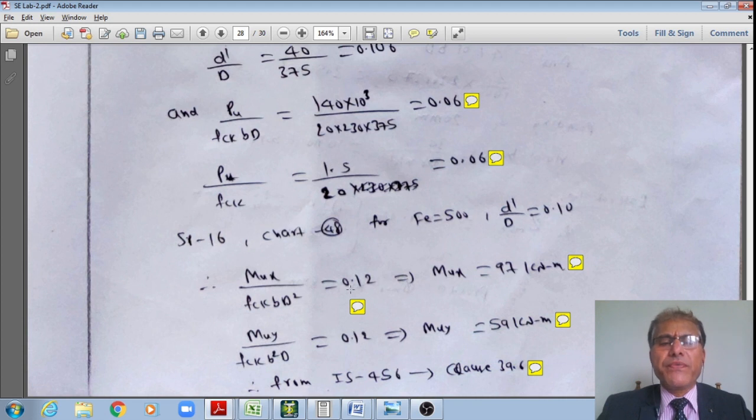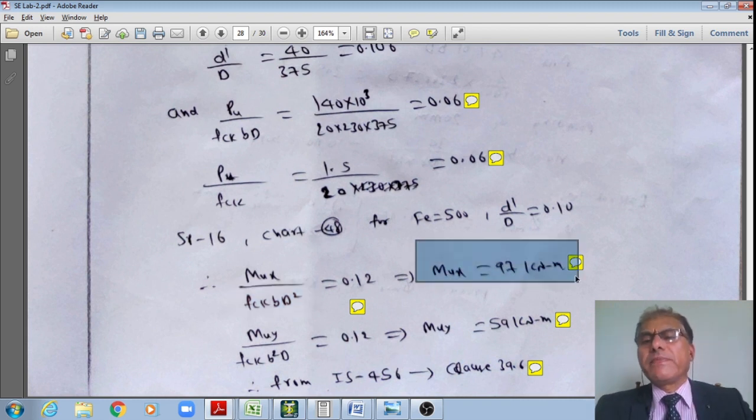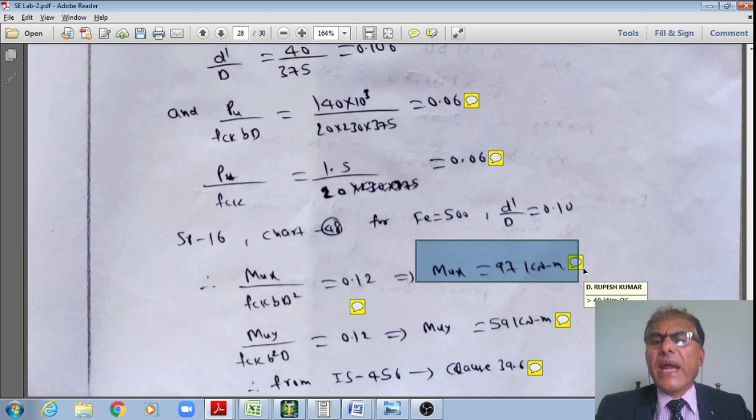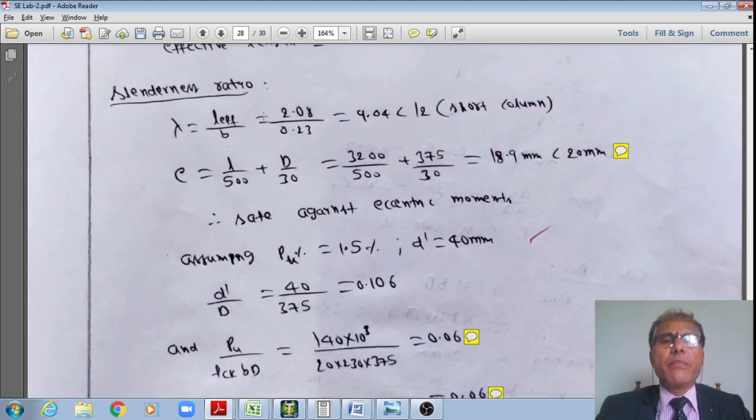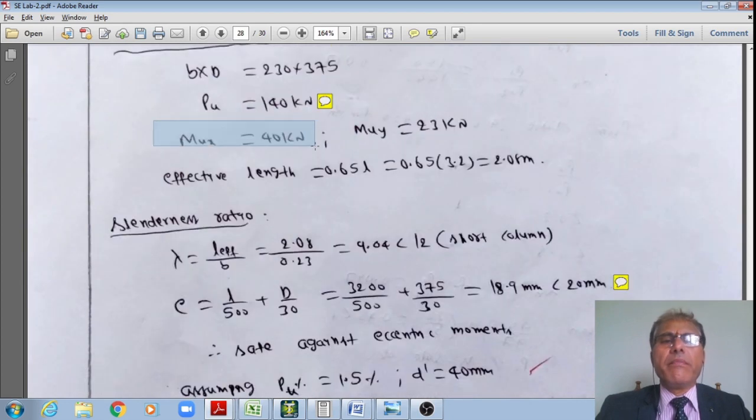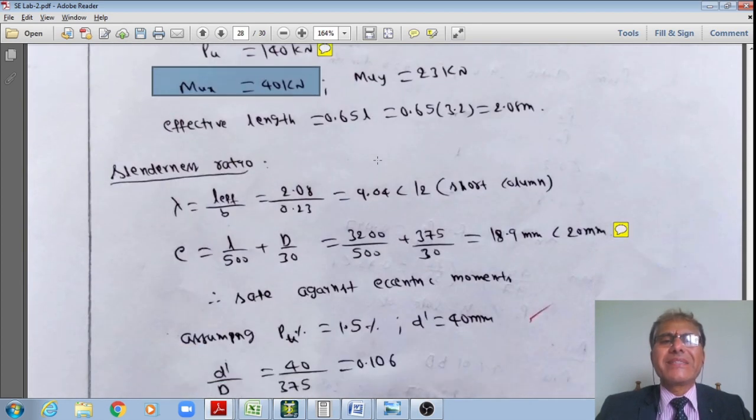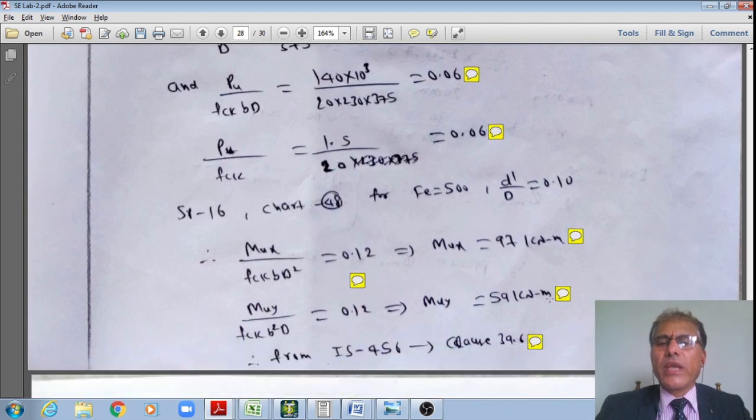Therefore, that 0.15 multiplied by fck bd square, fck multiplied by 230 multiplied by 375 whole square, works out about the x-axis approximately 97 kilonewton meter, whereas I do have the actual bending moment about the major axis as 40 kilonewton meter. Therefore, it is okay.